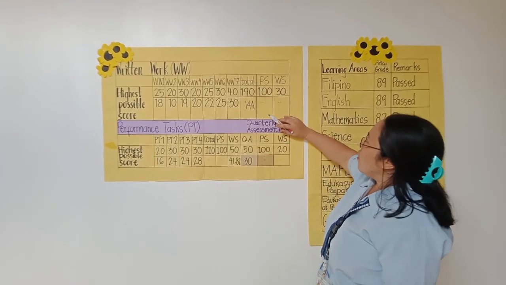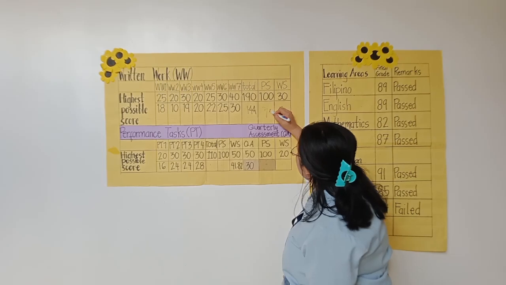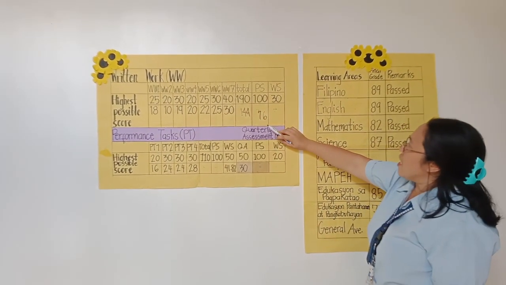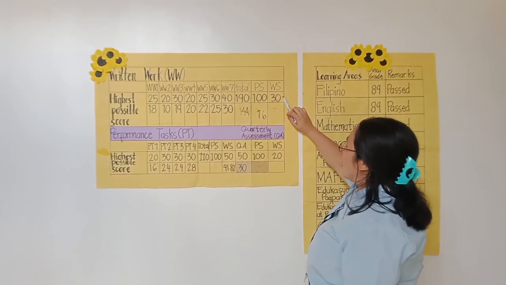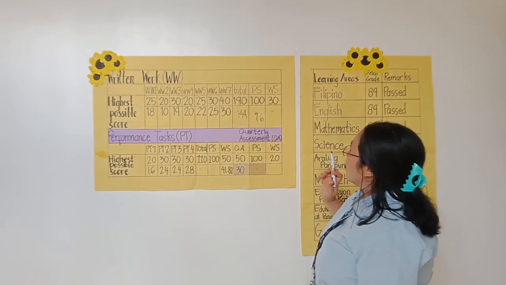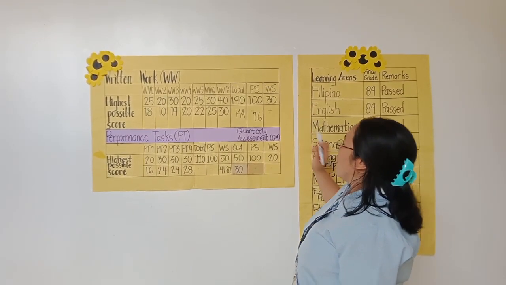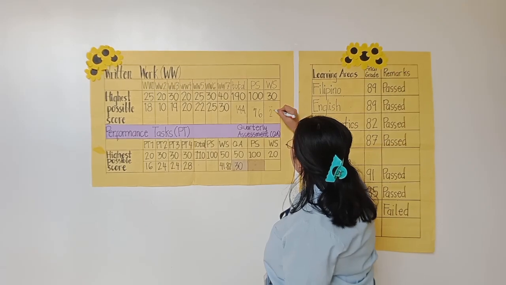And we have to round up, it is equal to 76. Then 76 times the weighted score, which is 30%, the total is 22.8, and round up to 23.